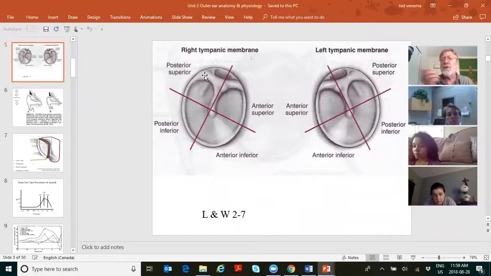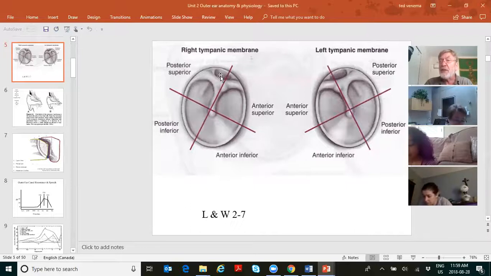Those are what's called the nodes of Ranvier, N-O-D-E-S, nodes of Ranvier, R-A-N-V-I-E-R, nodes of Ranvier. It's in your notes. You'll see that at the bottom of your page there, okay? And that's what separates the eardrum into its two main parts, okay? This is the pars tensa, and this is the pars flaccida.